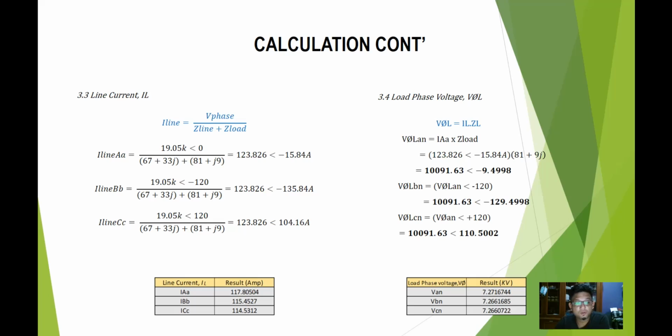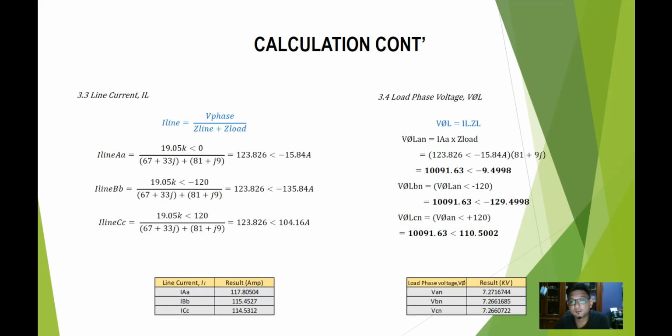For current B, the same magnitude but a different angle, negative 133.84, and for current C, the angle is 104.16. The table below shows the calculation and the result using the PSIM lab.